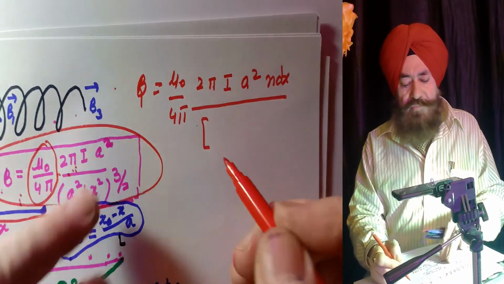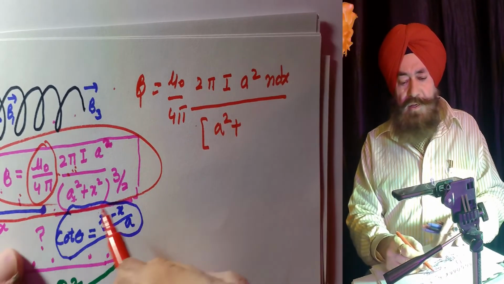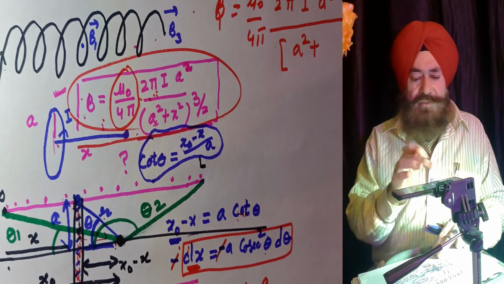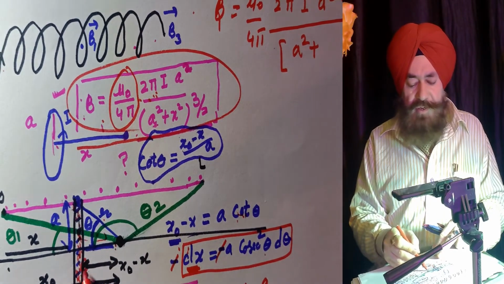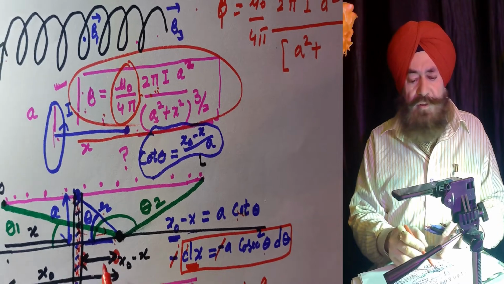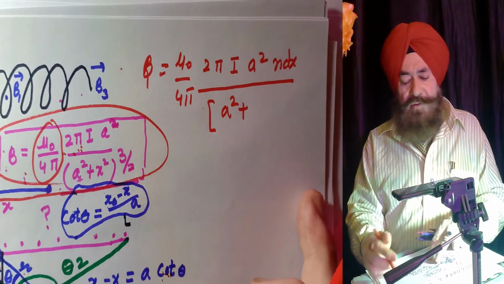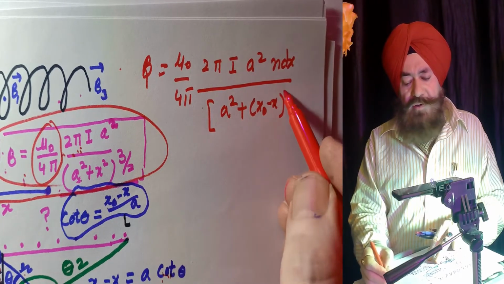Divided by this a square as it is. Now instead of x, I have this distance from here to here. This distance is x naught minus x. So x naught minus x whole square.